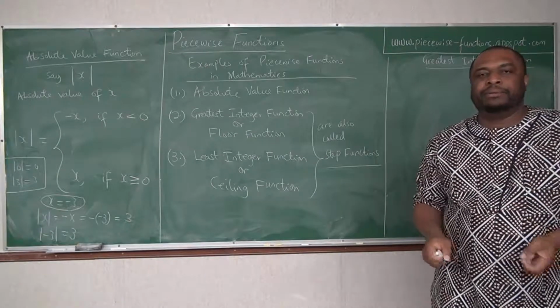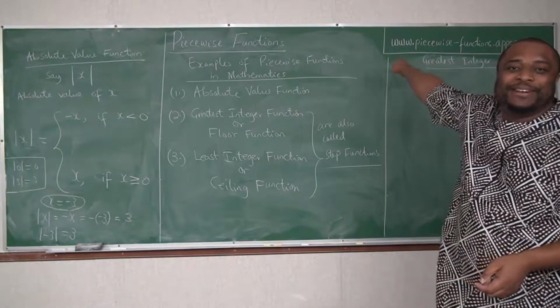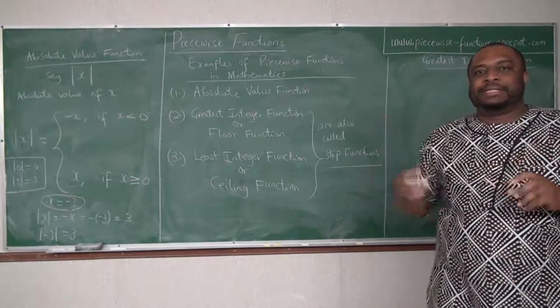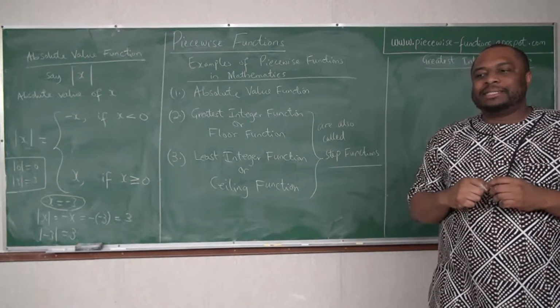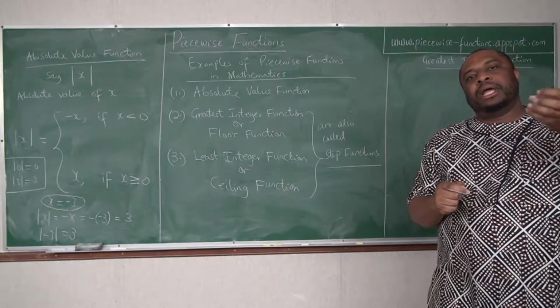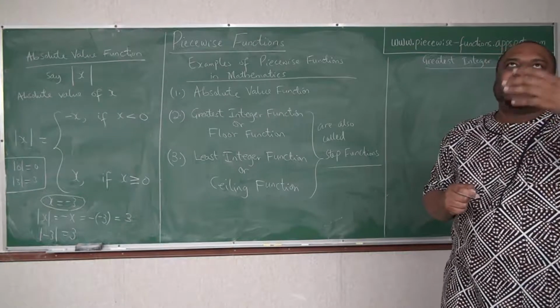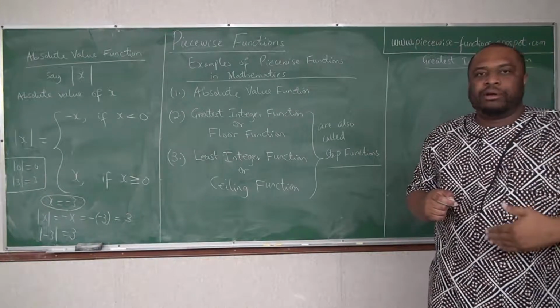Okay, you can write it down. The definition is also here. The greatest integer of a variable, say x, is defined as the greatest integer that is less than or equal to x.